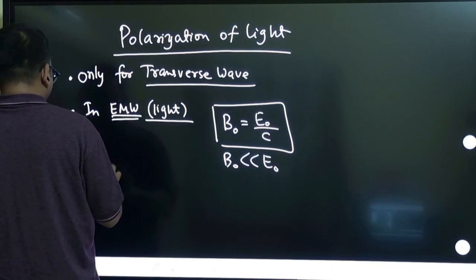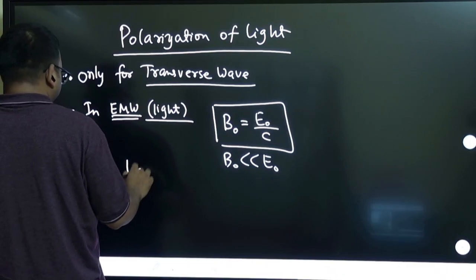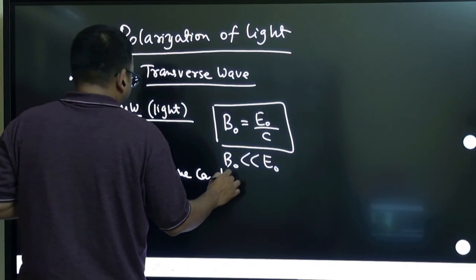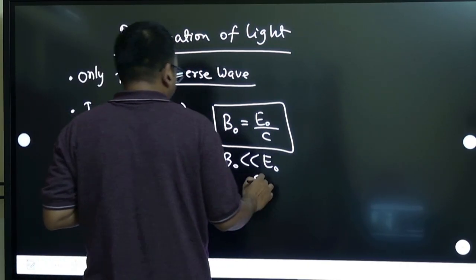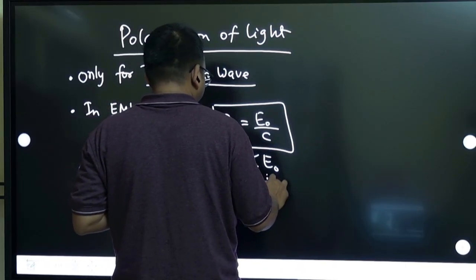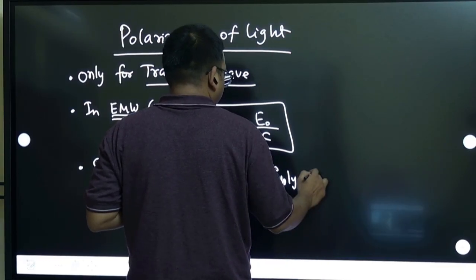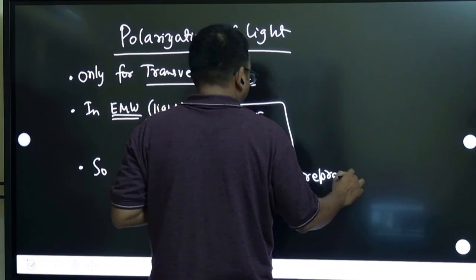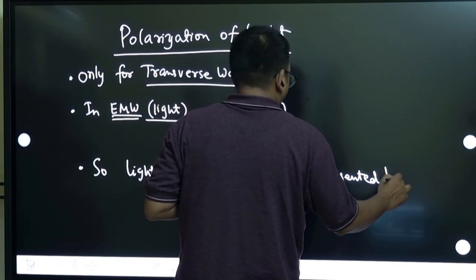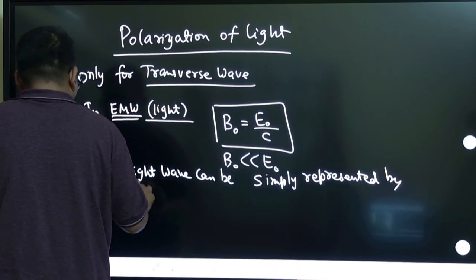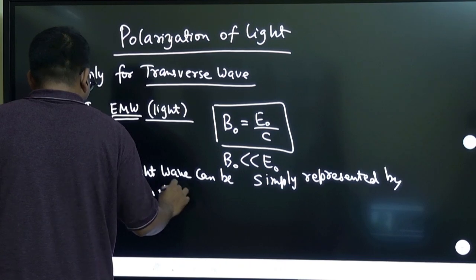So a light wave can be simply represented by oscillation of electric field.